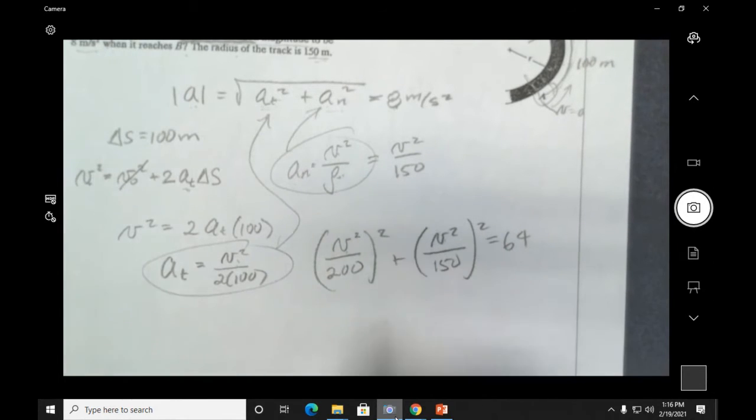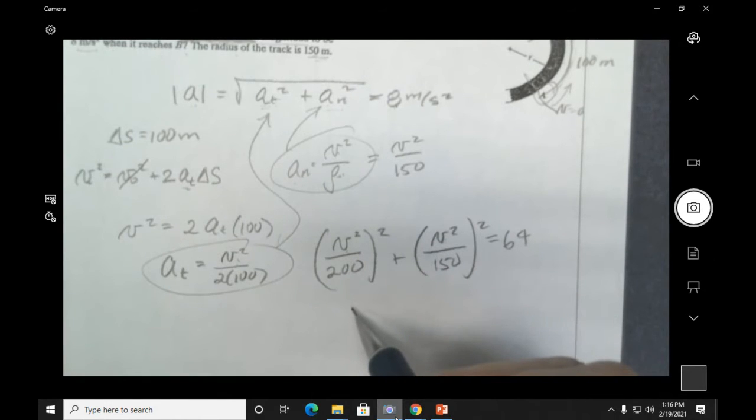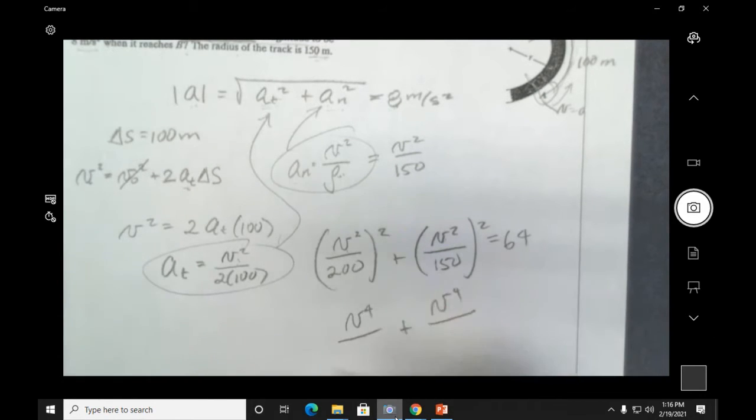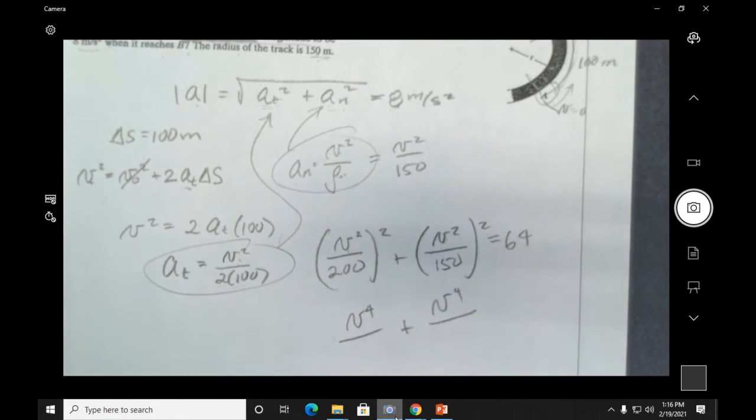I think I know from the handwriting who wrote the solution to this one. So anyway, I can take v to the fourth plus v to the fourth, and I can square 200.